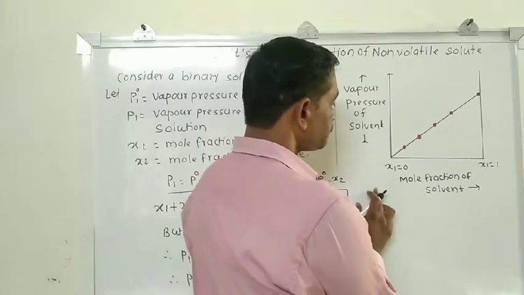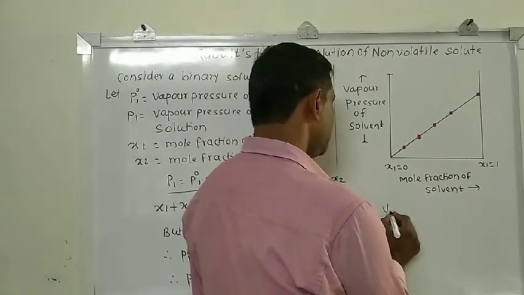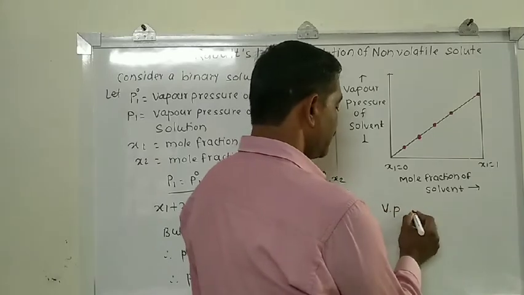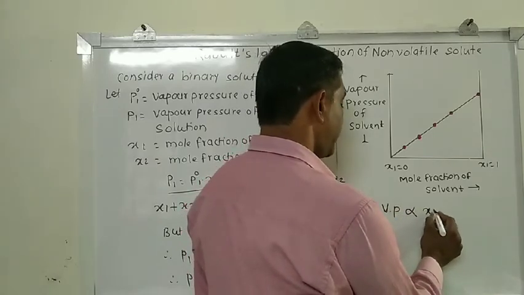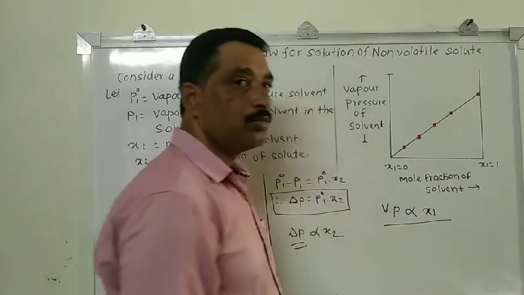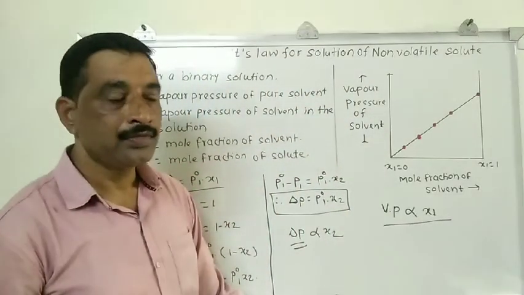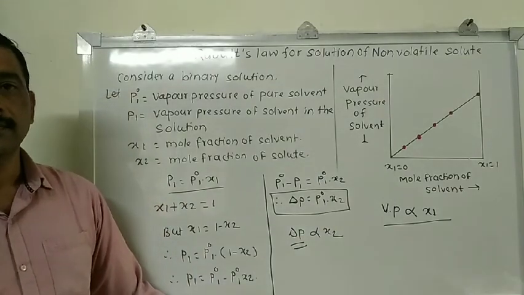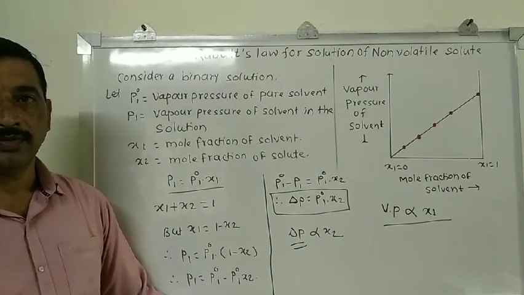So here we can say that the vapor pressure of solvent in the solution is directly proportional to the mole fraction of solvent in the solution. So this is about the first colligative property, that is lowering of vapor pressure.